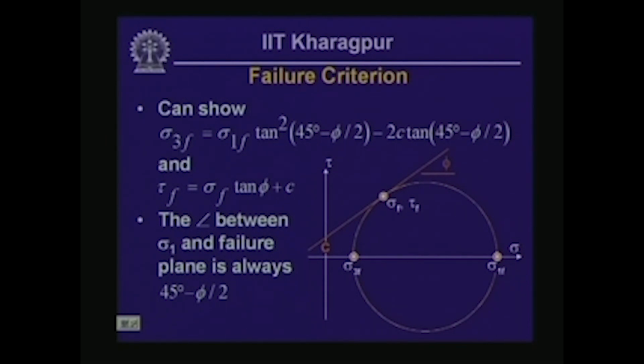Now, you should also note that the angle between the major principal stress at failure and the failure plane is always 45 degree minus phi by 2.